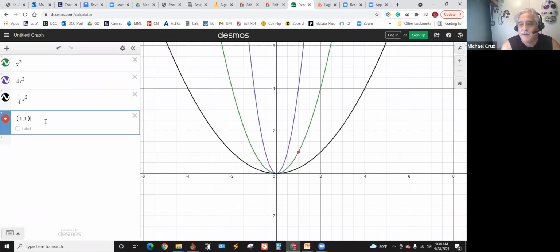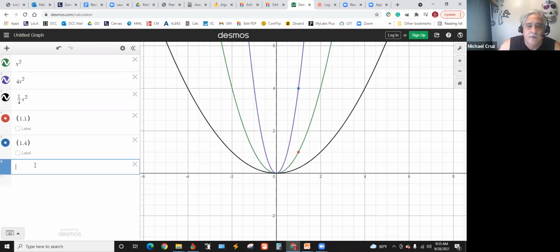This one's a little bit harder to see. That one's on the function, and if we multiply it by 4, then we're multiplying the functional value, in other words the y coordinate, by 4. It ends up essentially stretching it upward.